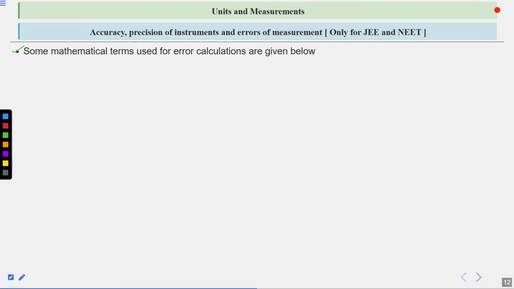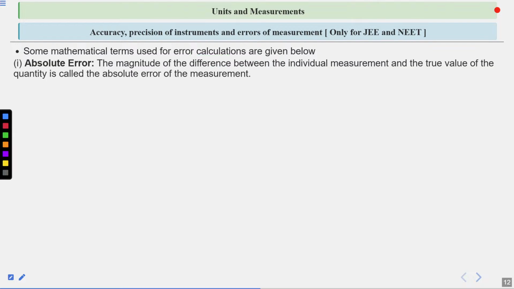Some mathematical terms used for error calculations are given below. First is absolute error. Now the question arises, what is absolute error? The magnitude of the difference between the individual measurement and the true value of the quantity is called the absolute error of the measurement.